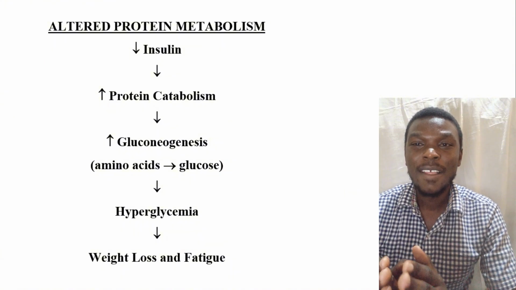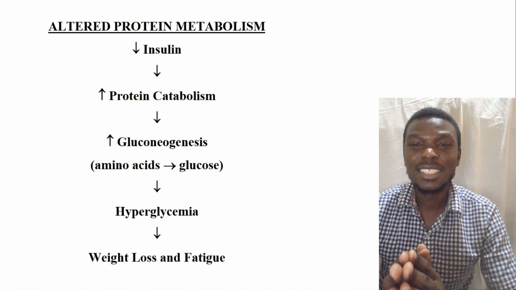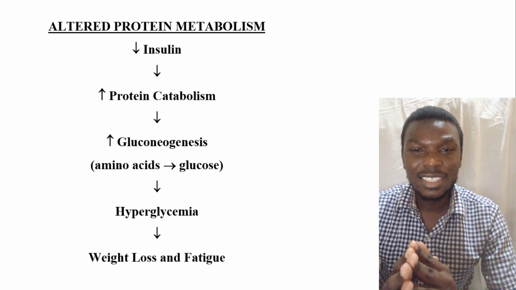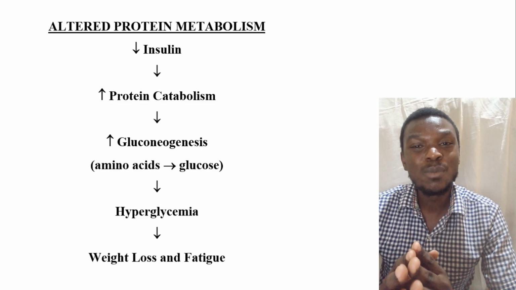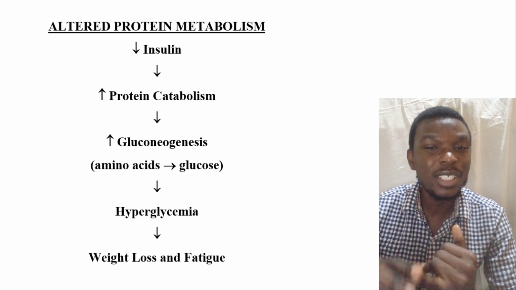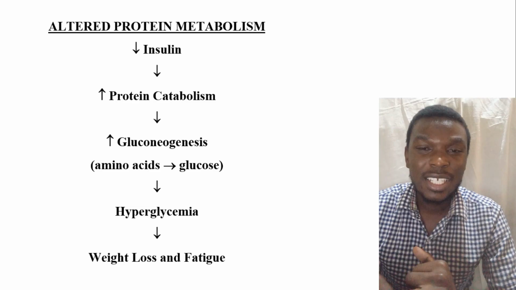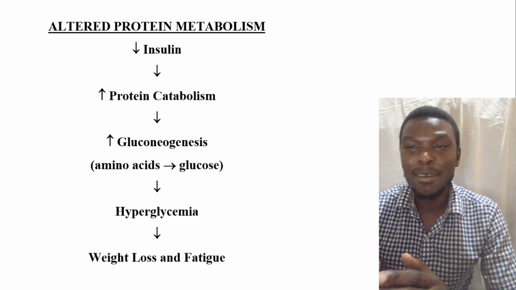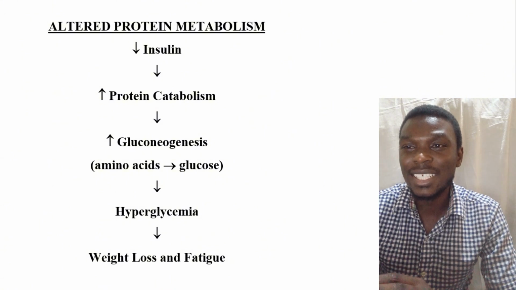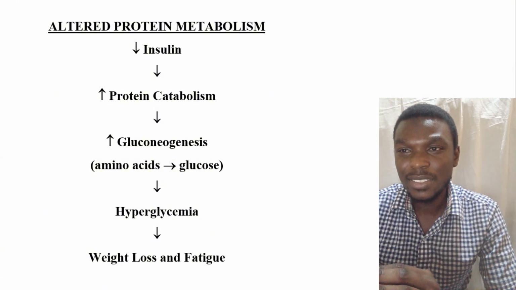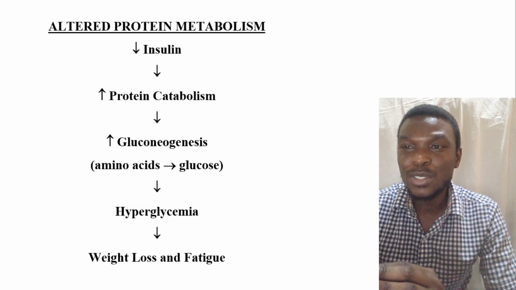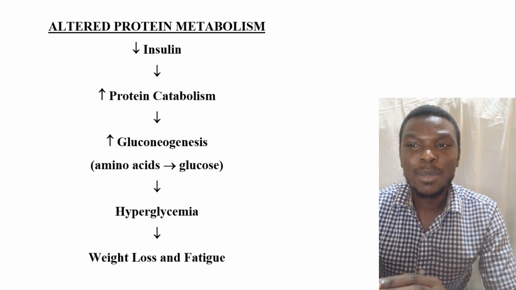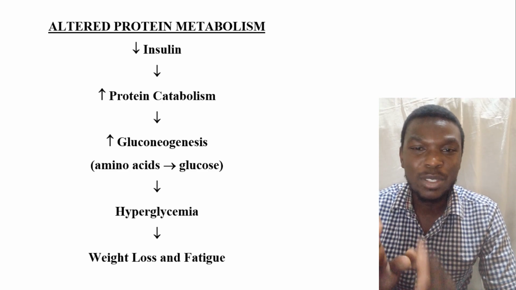Because the body thinks that the person is not having enough energy or sugar, because the body is poorly responding to insulin, or there's deficiency in insulin, it's also going to trigger this other pathway. As we can see here, low insulin. Because of this low insulin, it will activate protein catabolism. We'll start breaking down the proteins.